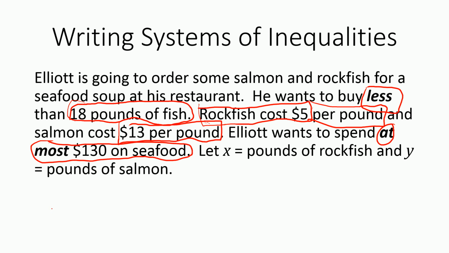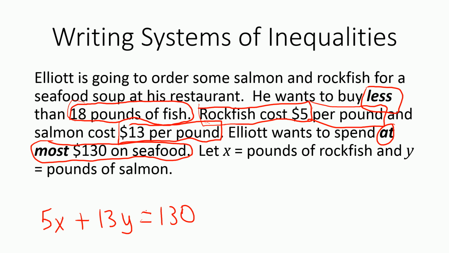And so that's going to be $5 per pound of rockfish times the number of pounds of rockfish plus $13 times the number of pounds of salmon, and that should be at most 130. And we can start with an equation, but at most, remember, 130 would be the absolute highest amount I could pay.